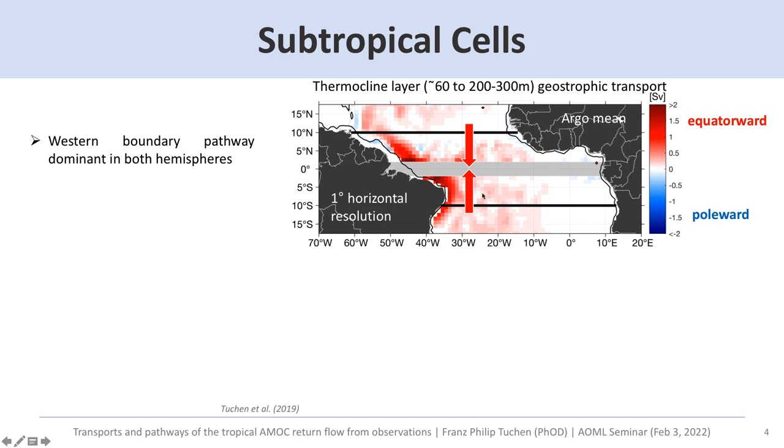In the southern hemisphere, you can see this connection all the way from the subtropics to the equatorial regions, which is not present in the northern hemisphere. This is also a well-known feature of the northern hemisphere, where a potential vorticity barrier in the eastern part of the northern equatorial Atlantic prevents the subducted water masses from finding an interior pathway.